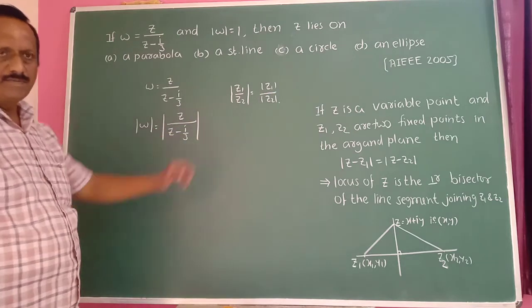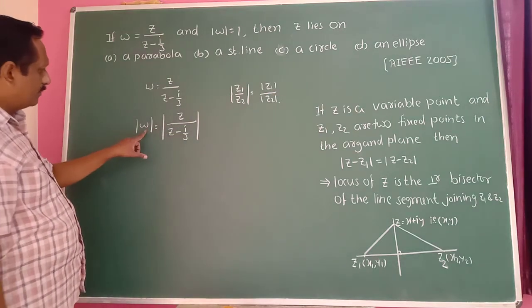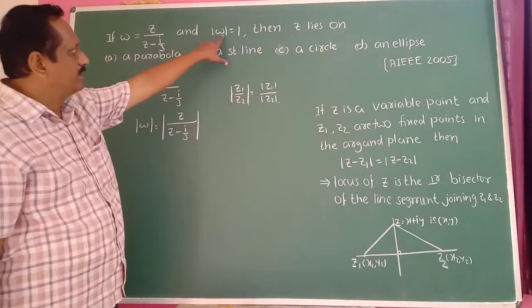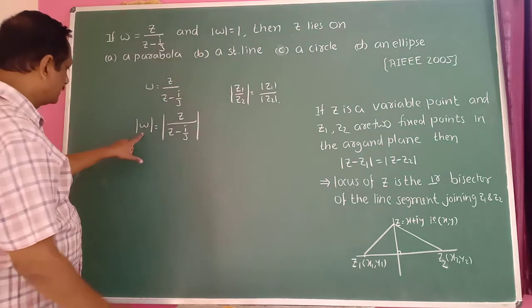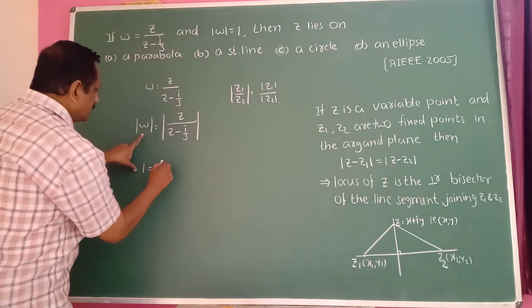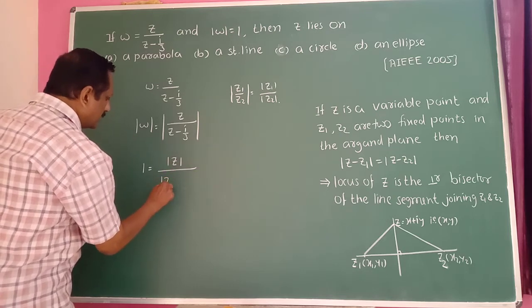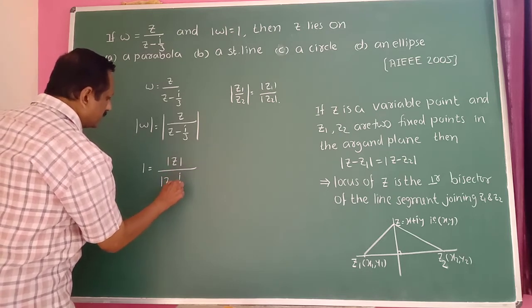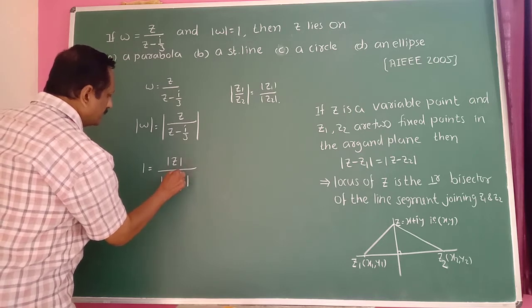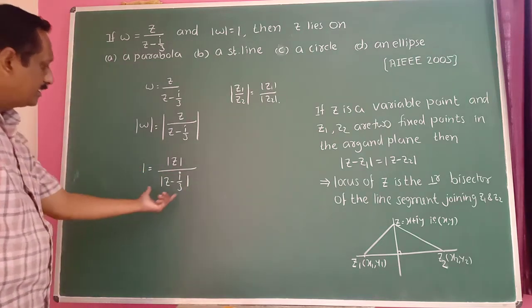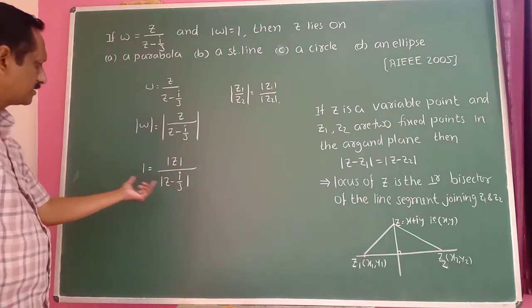So use that here. And modulus of omega is 1, they already gave. So this is 1. So 1 is equal to modulus of z divided by modulus of z minus i upon 3. Take this term to this side, cross multiply.